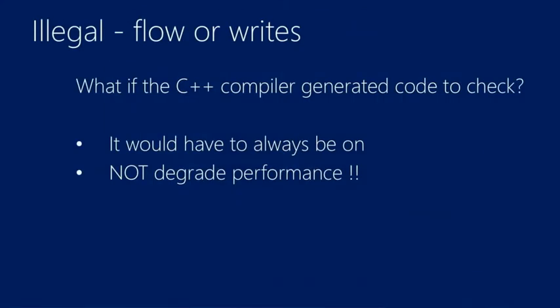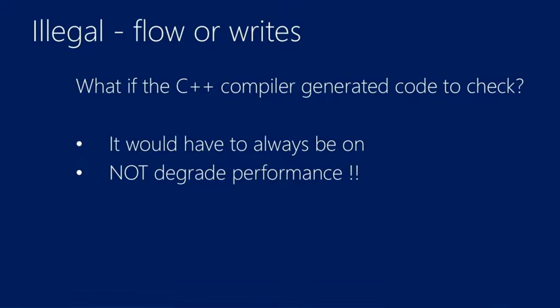So we really care about security a lot. And we can't talk about it very much. But what if the compiler generated code to check basically that the flow was always legal, or if the stores were always legal? This is where type safety certainly comes into play, and it's heavily related to alias analysis.